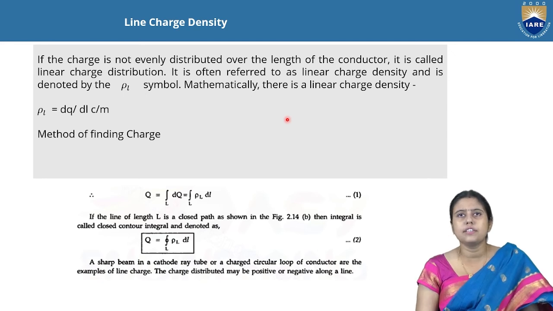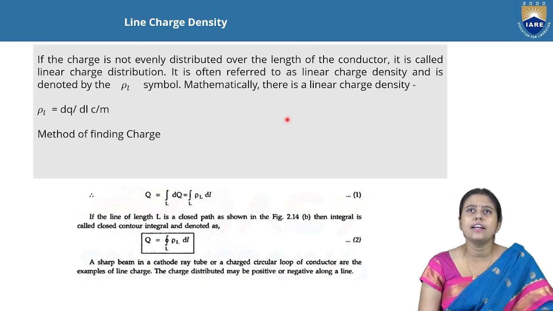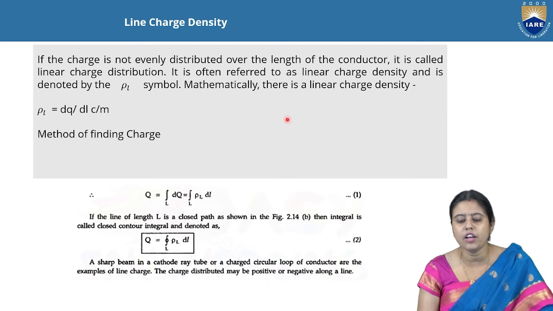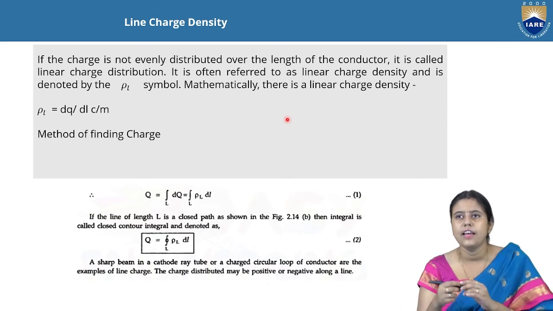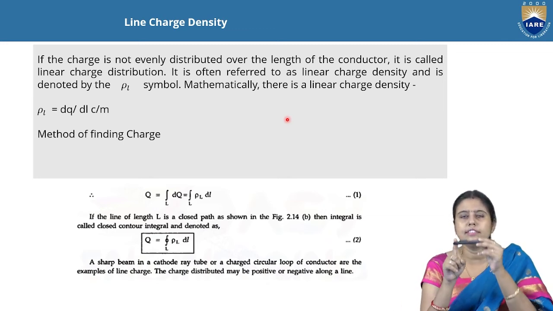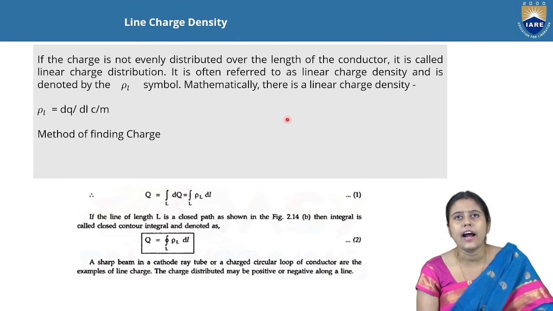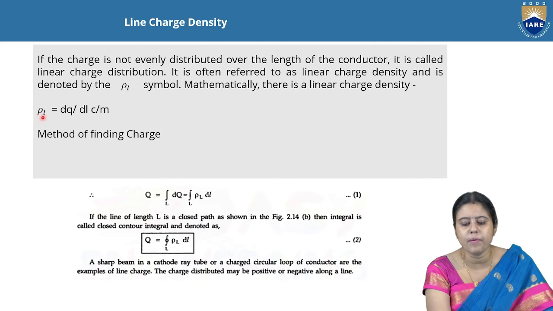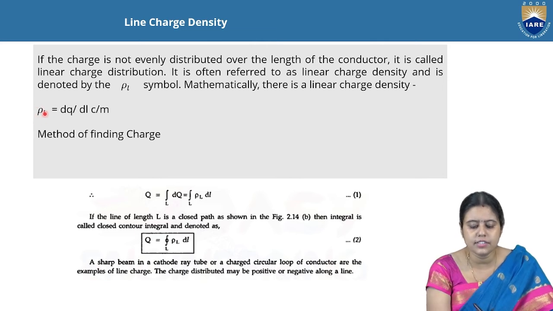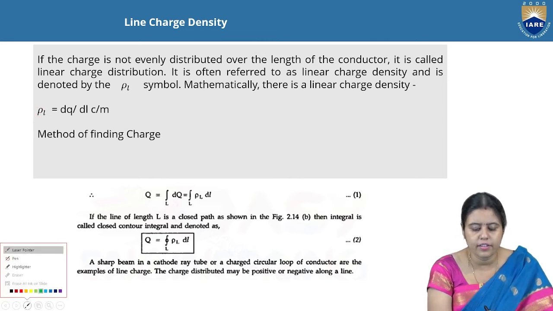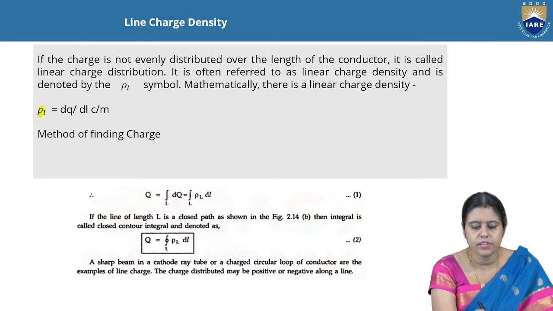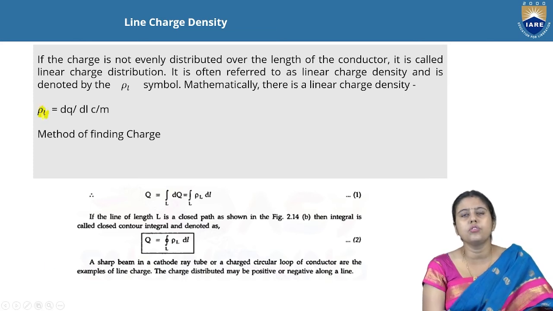So first we will discuss the linear charge density. What is the meaning of linear charge density? As we said, the charge has been distributed throughout the line, and it is written as rho L. This rho L is known as the linear charge density.